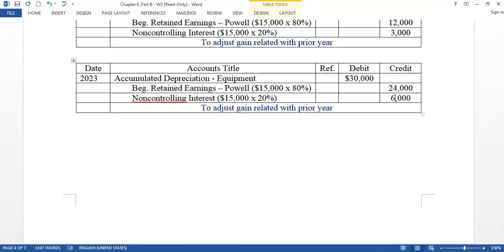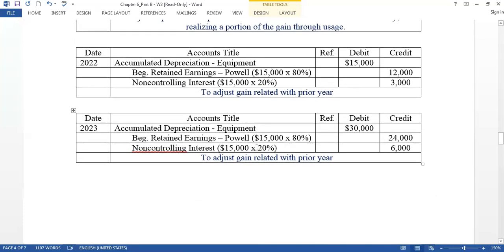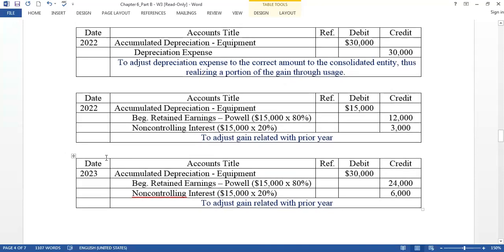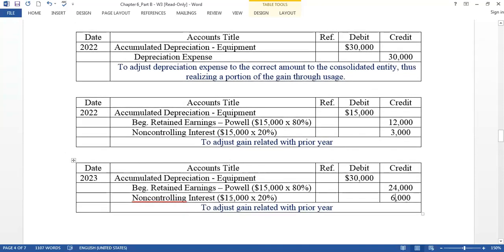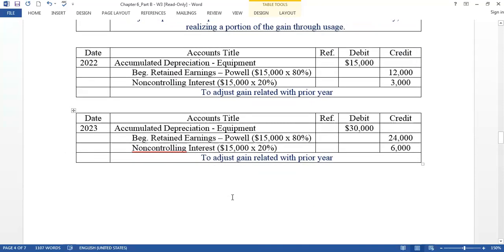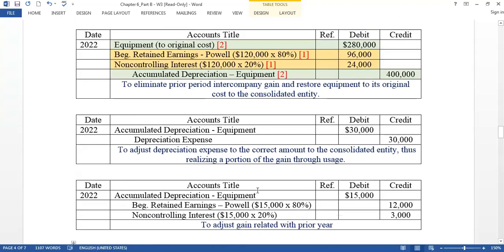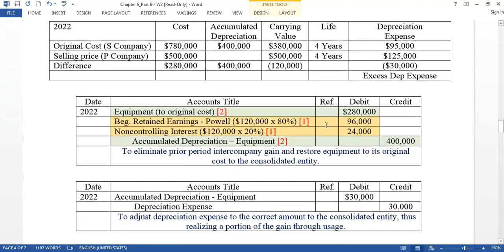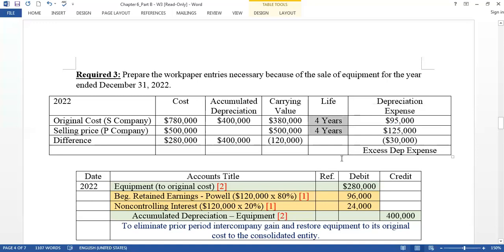You understand? That means the next year. I'm not asking this in this question, but if you find what happened in the next year, every year we'll have the same journal. Every year we have to deduct because it is up to how many years? Up to 4 years. Every year we have to do this. Why? Because every year the parent company will record 125,000 depreciation expense, right?